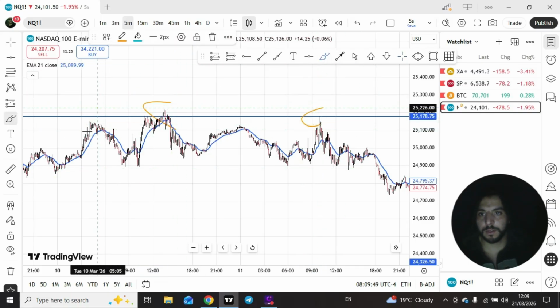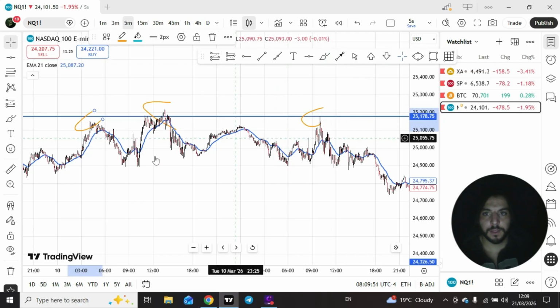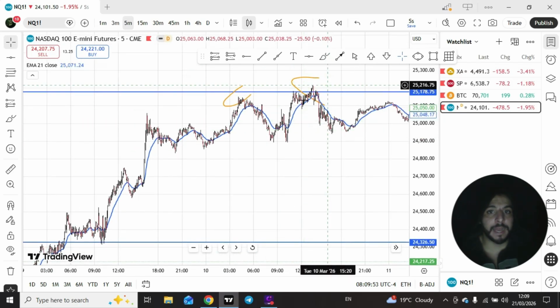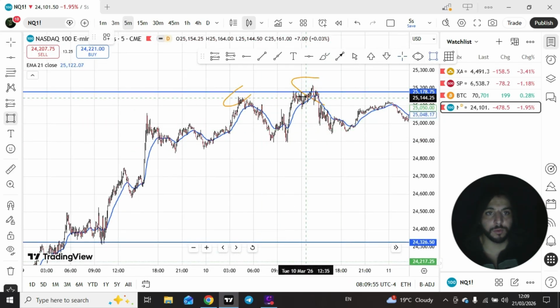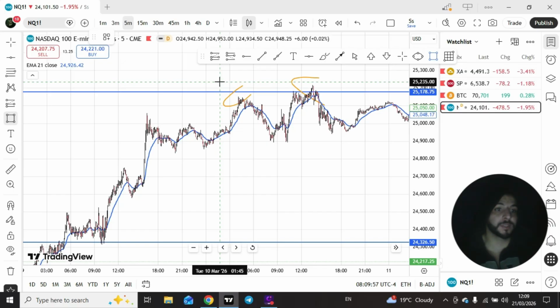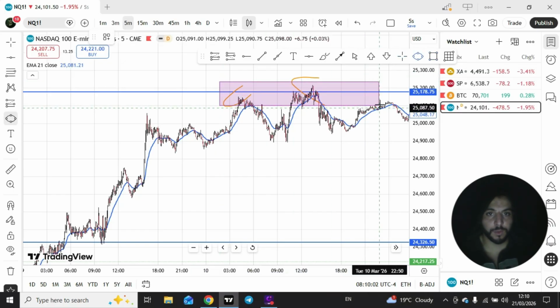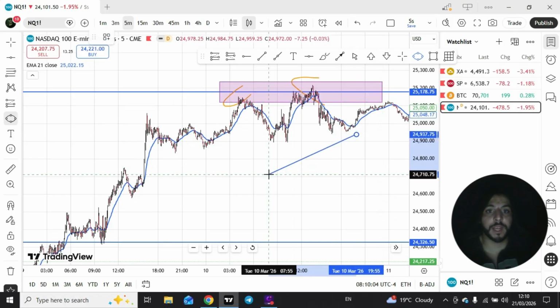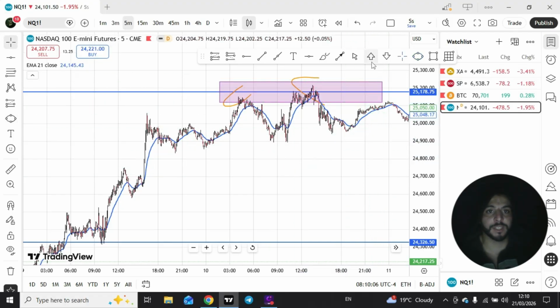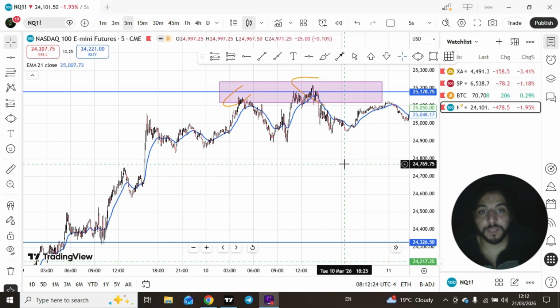Another one. Another one. And by the way, it's not only about lines. It's zones, because price does not respect the lines but respects the zones. Whenever price is failing to break higher or lower, it's a zone, not only a line. So that's all I've got for support and resistance.